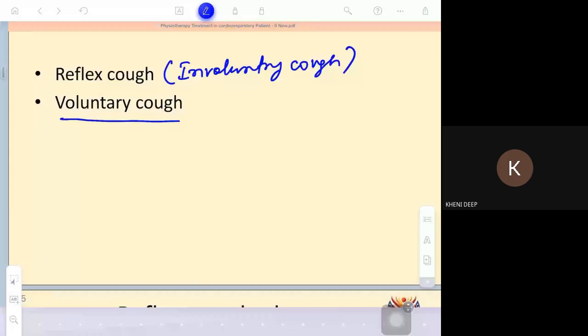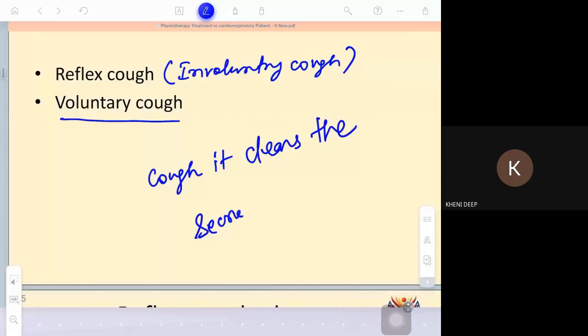Listen carefully: when the patient cannot cough on his own. What is the advantage of cough? Cough clears the secretion. Clear?